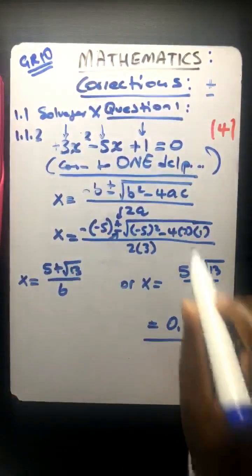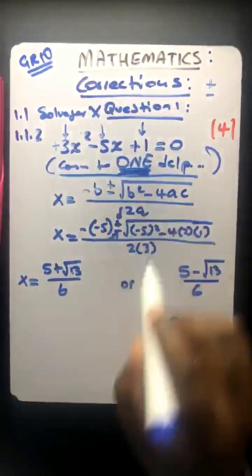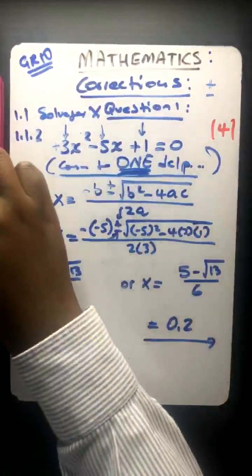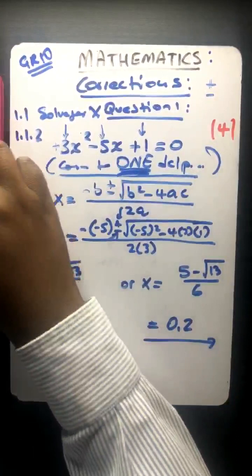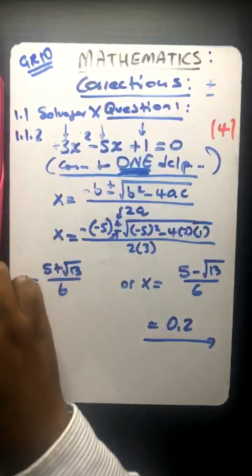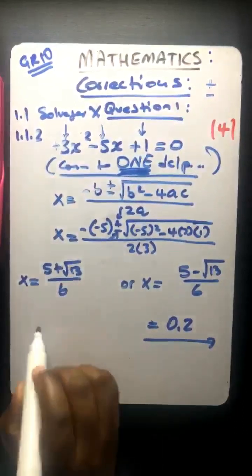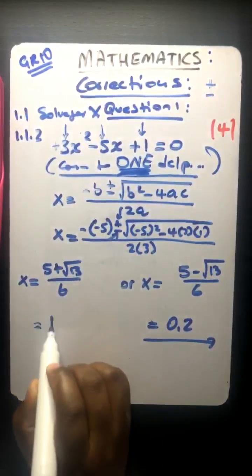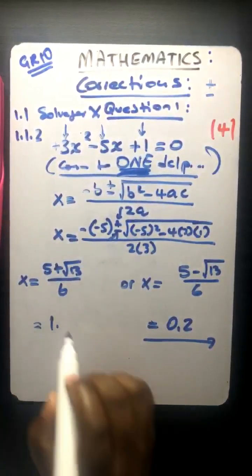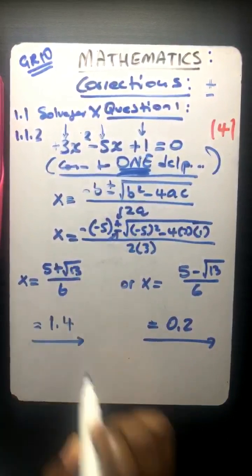Remember, guys, they said correct to one decimal place, and they've written that in capital letters, just so that if you round it to 2, they're going to give you a very big 0 because they've written instructions in big letters. So that means we are having 1.4.